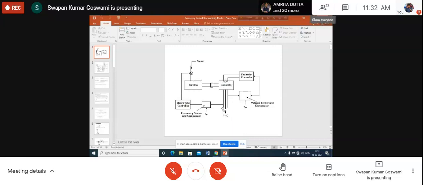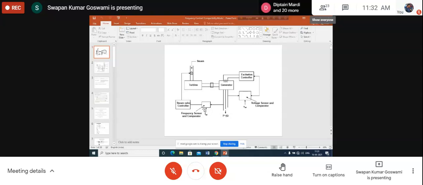It will be measured, and that frequency will be compared with the reference frequency. What is the reference frequency? This is the declared or rated frequency of the system, the frequency at which you will be operating the system. That is the specified frequency of the system.